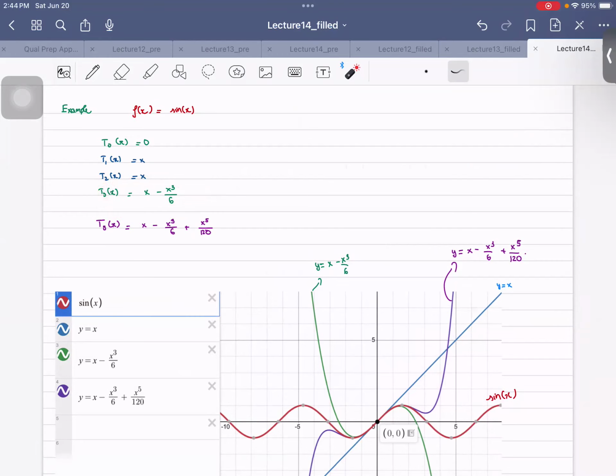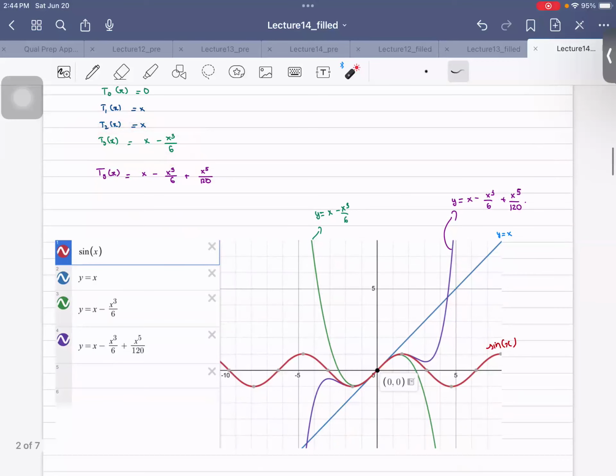The degree three Taylor polynomial, this one is the green curve. So over here, when I graph the green curve, you can see that in the neighborhood of the point 0, 0, the green curve does a pretty good job approximating the function sin of x.